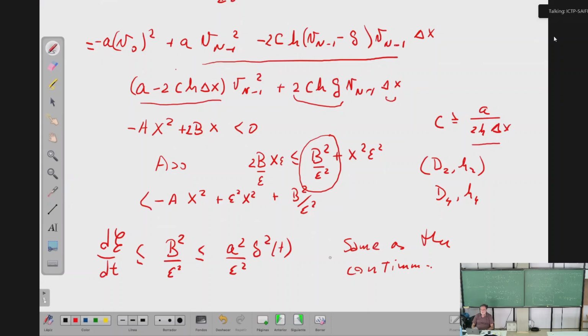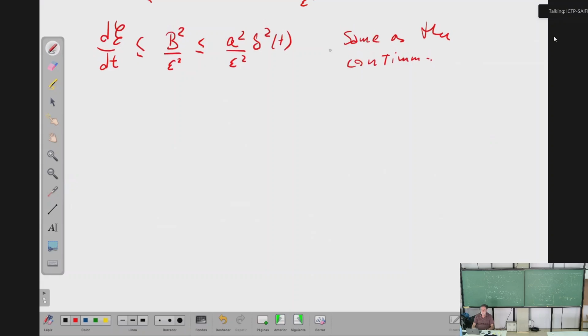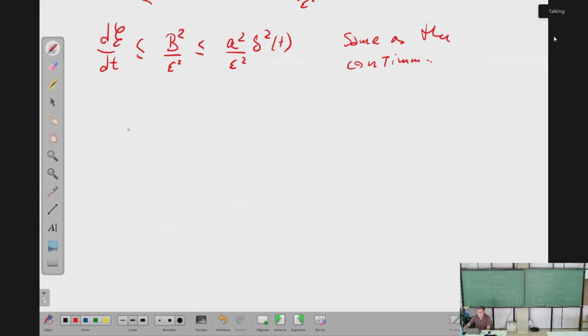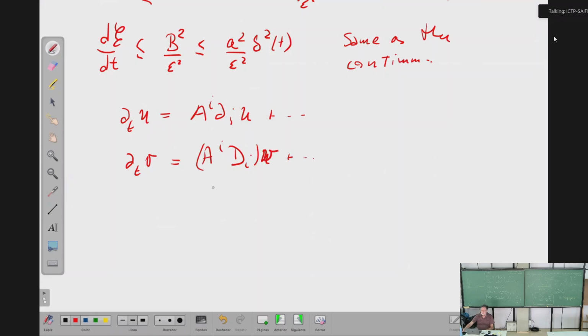The only thing is that suppose you have a system now. Suppose you have a system dt of u equals to a I d I of u plus something. So you will get dt of b equals to I d I of b, sorry. And then you have to look at this matrix in the boundary.